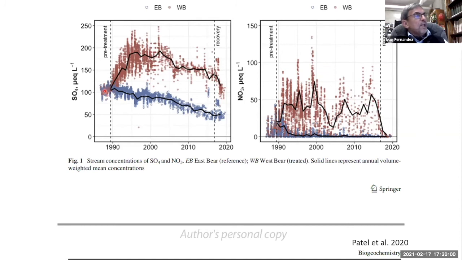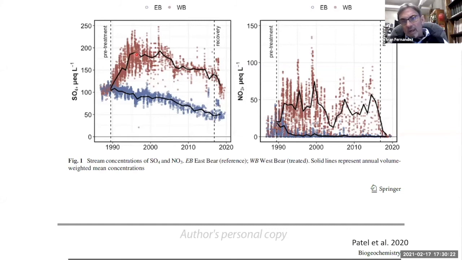This plot is sulfate, this plot is nitrate in the stream. To no surprise, the red is West Bear, and we added the sulfate and it increased dramatically, up to, don't worry about the units, 200.